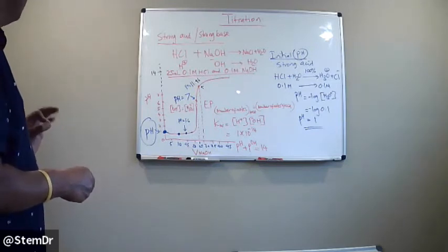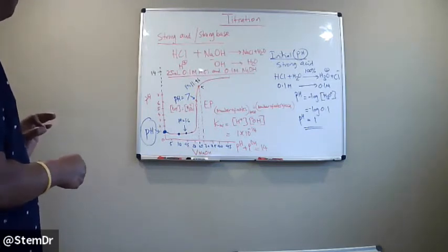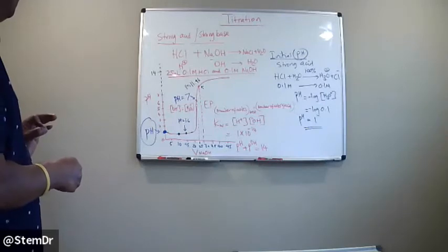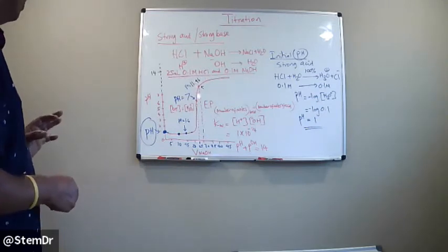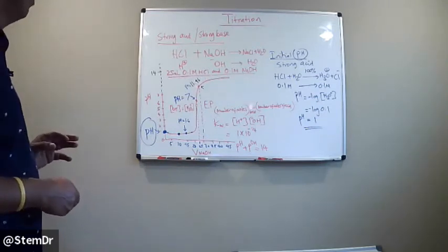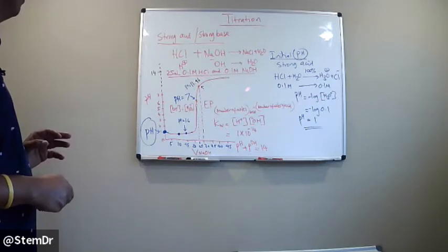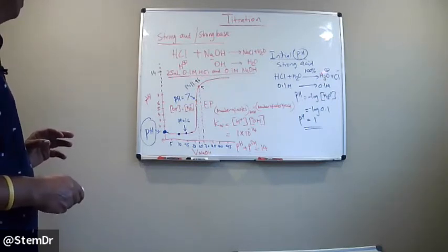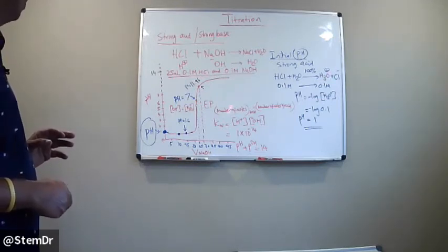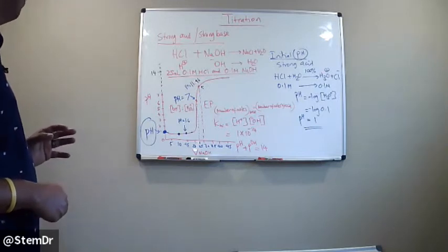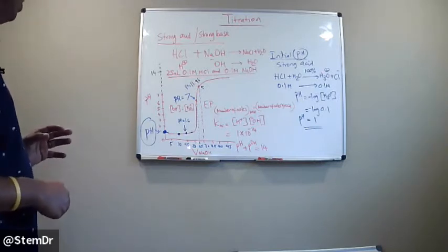1.5 millimole would neutralize 1.5 millimole of the hydrochloric acid. But what you have initially is 2.5 millimole. Therefore, you are left with 1 millimole. So 1 millimole of hydrochloric acid gives you 1 millimole of hydronium ion. Now, the volume has changed.